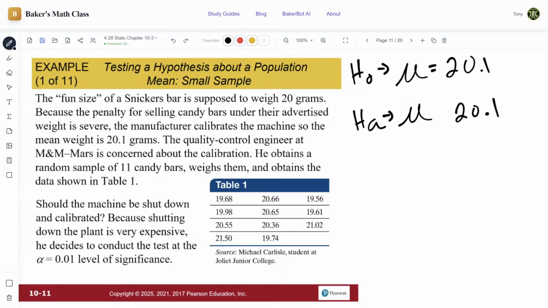We don't have a sample mean yet. That's the second problem in this. We'll get that in a minute. I'll show you how to get the sample mean in a second. Are we looking at less than, greater than, or not equal to in this problem?